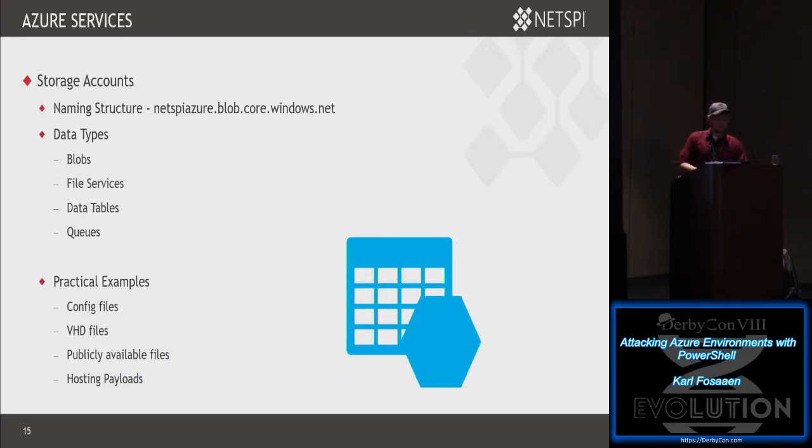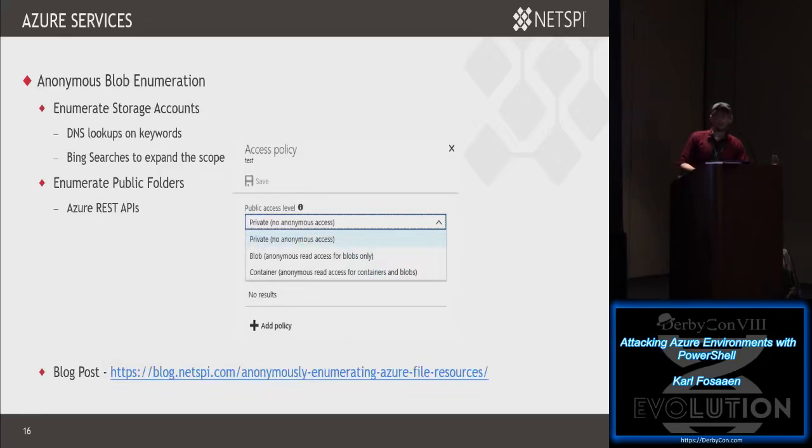So a lot of this can be done with Google Dorking on the blob core windows net. I've actually got functionality built into the script that's tied to this to do Bing searches, because Bing's easy to do with PowerShell. But wrap Bing searches in here to expand the scope a little bit. So what this script will actually do is take a keyword. In the case that we'll show in the examples here, we'll just use microburst and do a quick search for that.